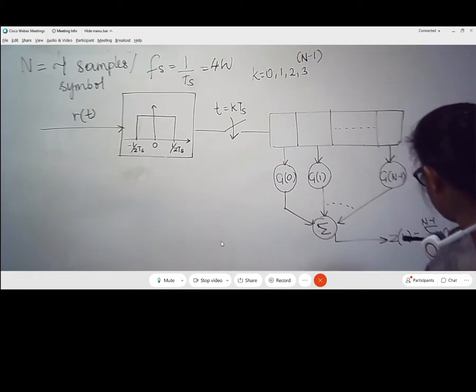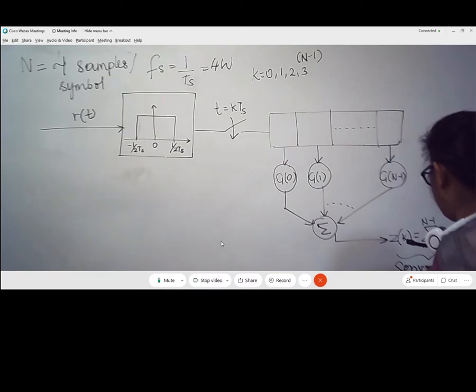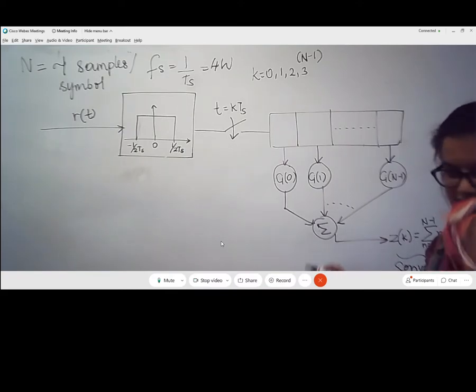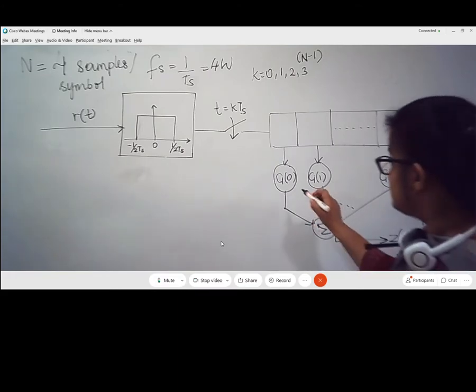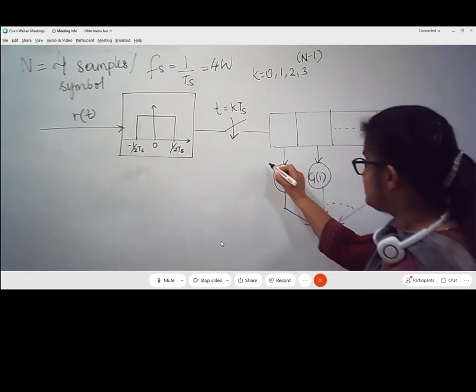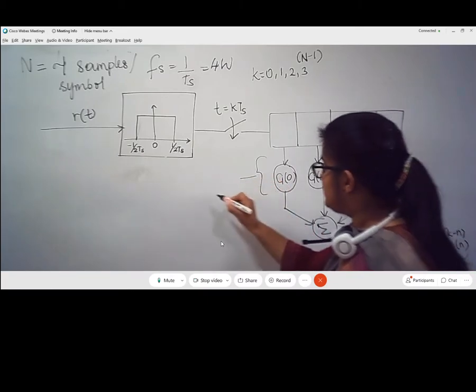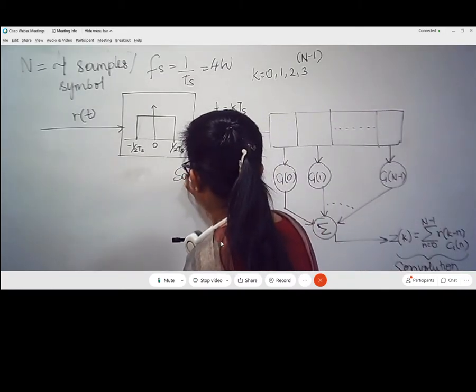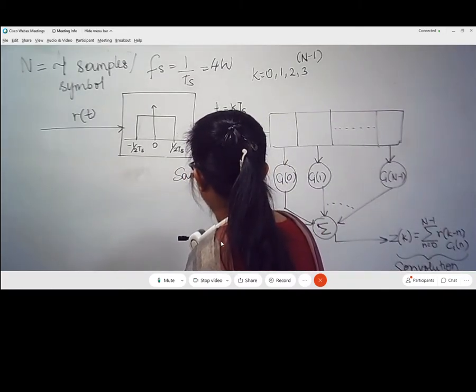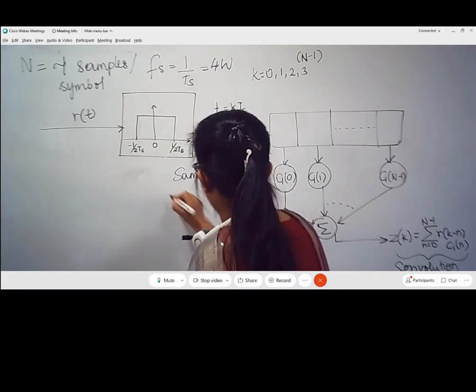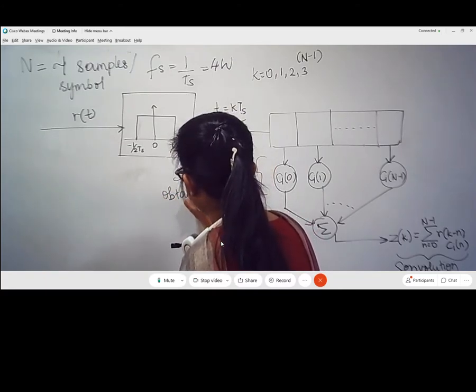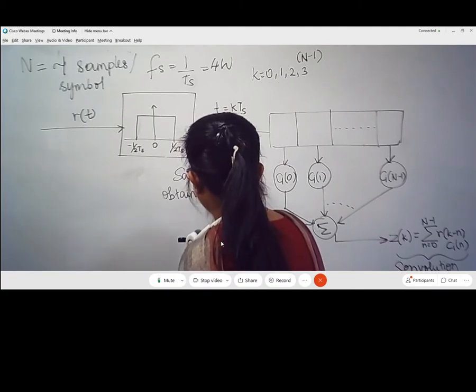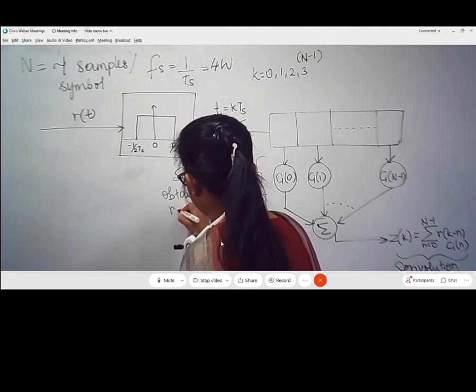Whatever the operation that is happening over here is just simple convolution. Discrete time convolution will be happening over here. The weights that we are considering over here will be the sample values obtained from reference signals.